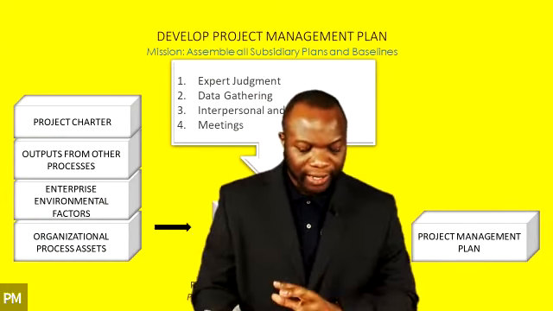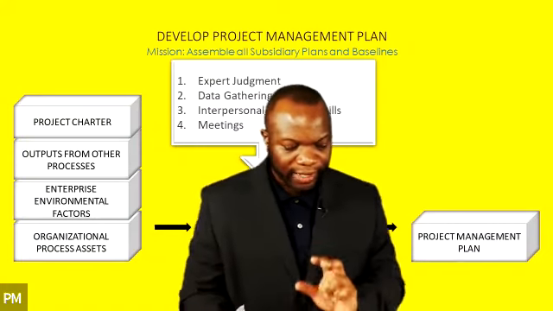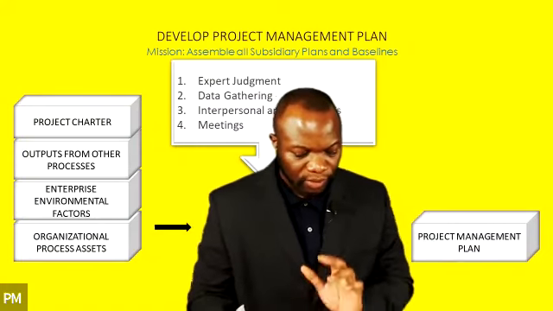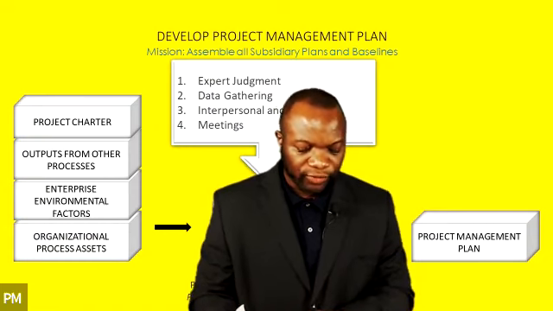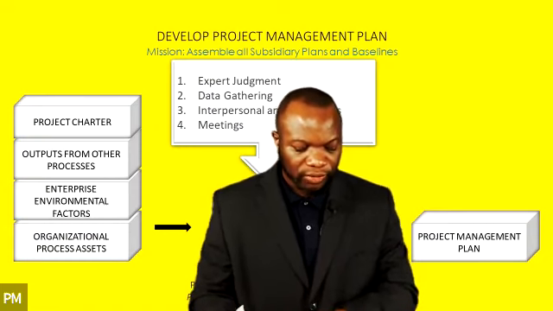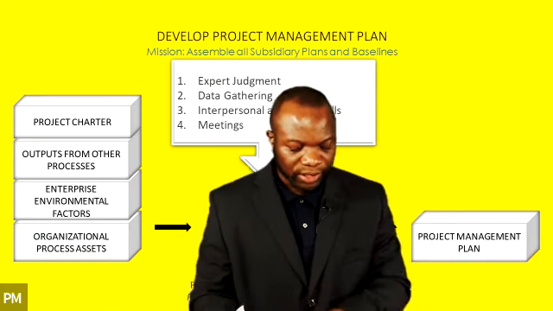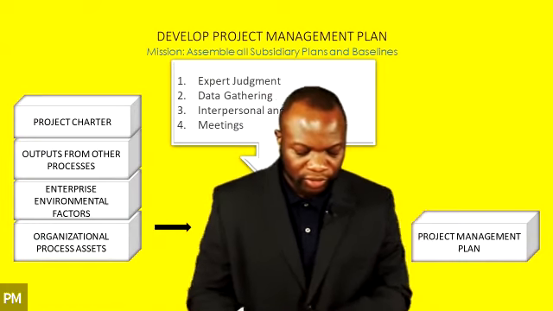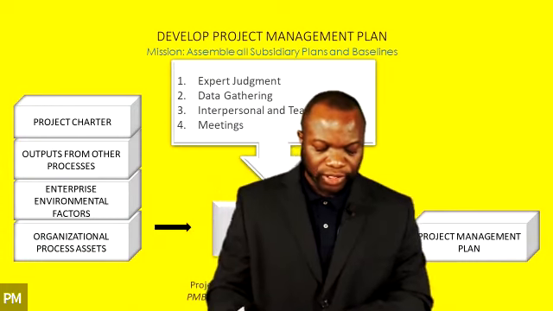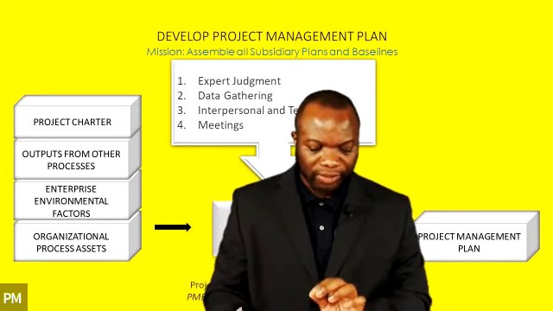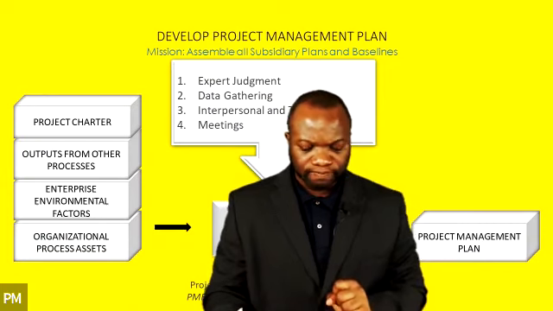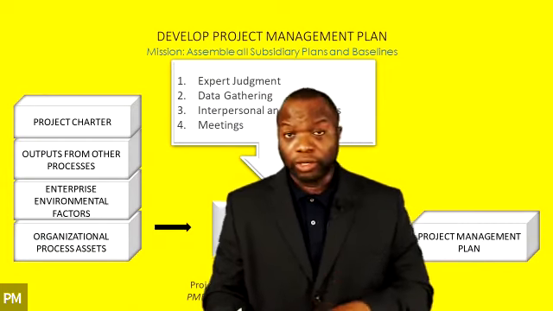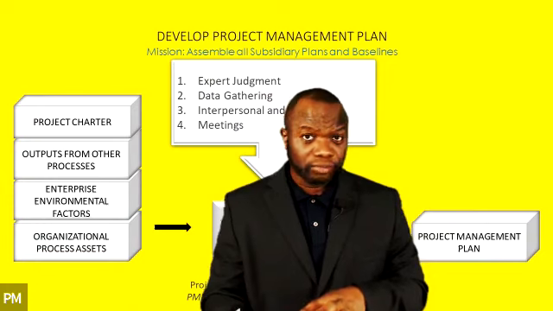Page 39 has got the external EEFs, marketplace conditions, social and cultural influences, legal restrictions, commercial databases, academic research, government or industry standards, financial considerations, and physical environmental elements. Those are EEFs external to the organization. You see that? You got to get those mnemonics down, okay?